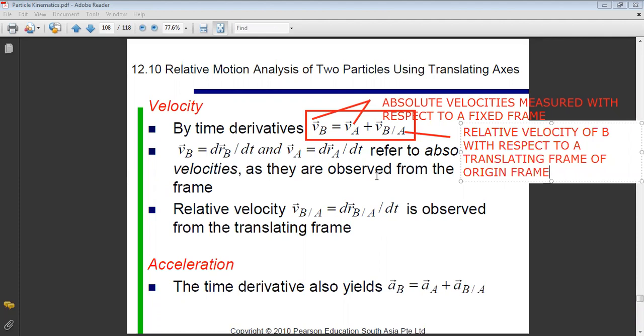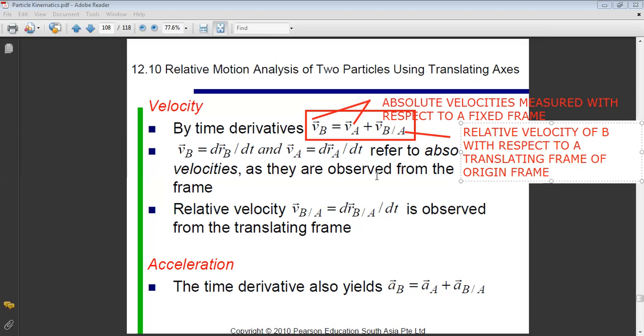So when I derive, I don't have to derive the unit vectors also. Pay attention, this formula is only applicable if A is on a translating frame. If A is on a rotating frame, for example, I cannot apply it. You are not responsible for what we should do then because it's very complex and it's not included in the program.